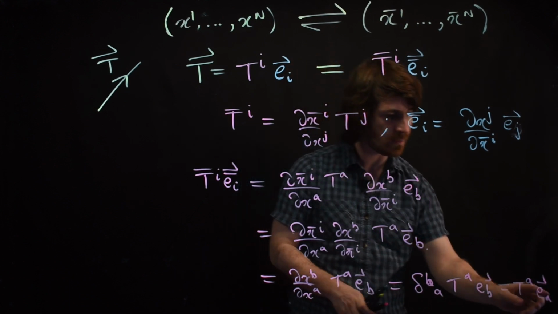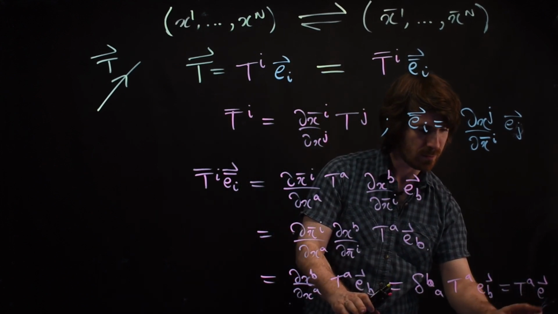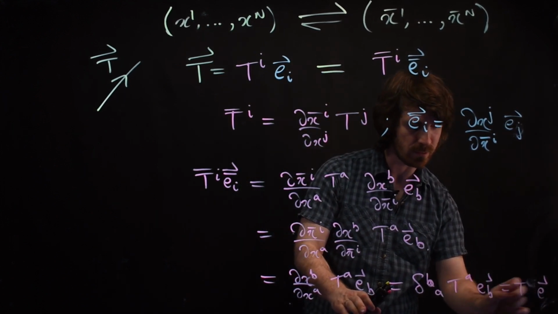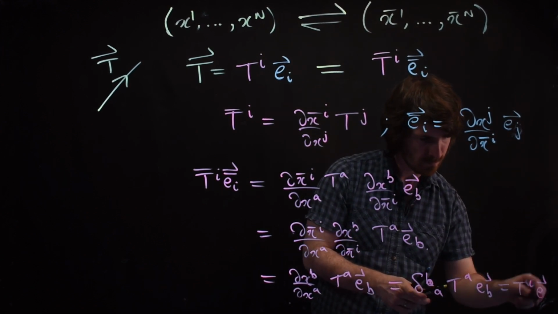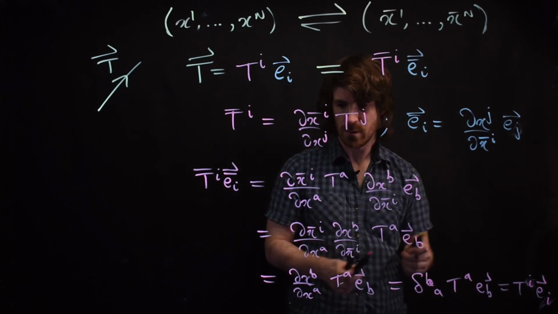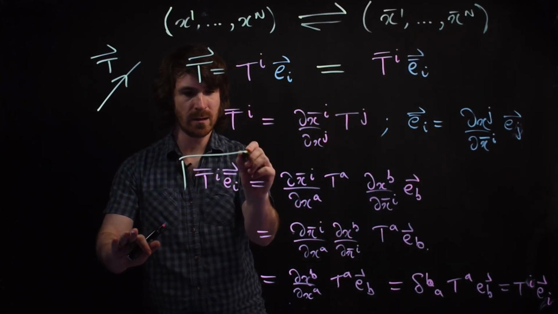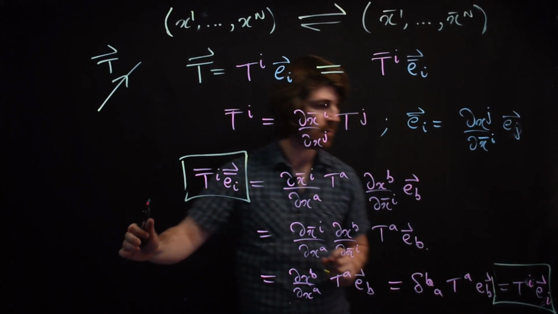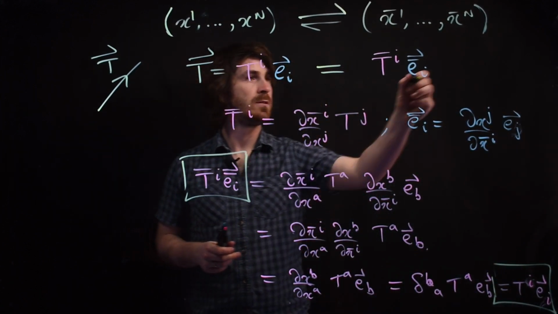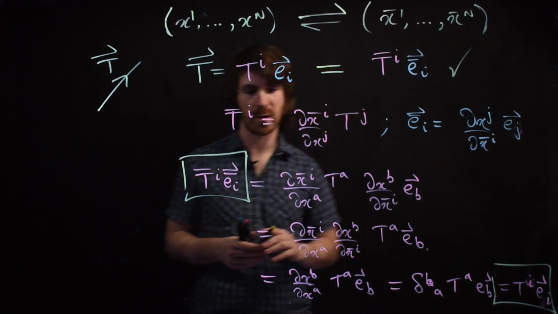And this is a repeated index, so we don't have to call it a. We can call it anything we like, so let's call it i. So we've shown that T i e i bar equals T i e i. So this holds true, as we expect.